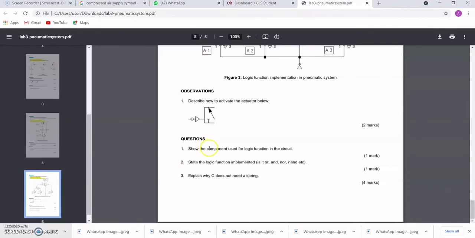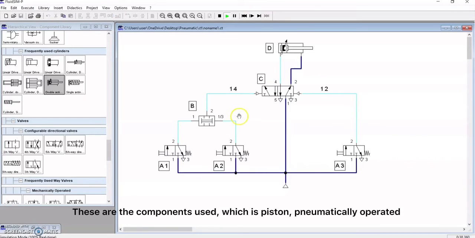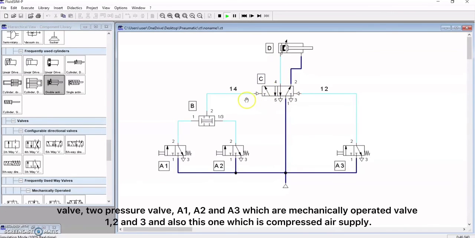Question number 1. Show the components used for the logic function in the circuit. These are the components used: piston, pneumatically operated valve, two pressure valve, A1, A2, and A3 which are mechanically operated valves, and also this one, which is the compressed air supply.